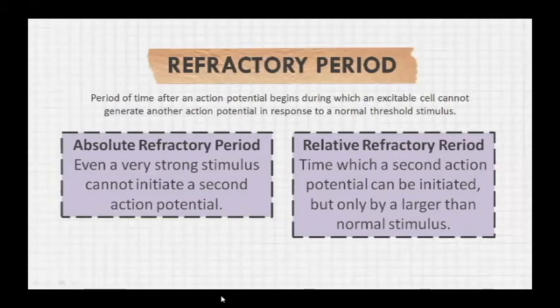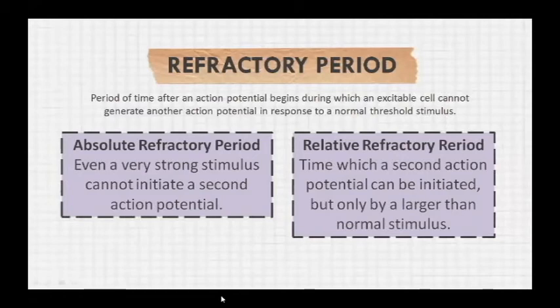So when we say absolute, it means that when you produce an action potential, that's it. You cannot produce another action potential because you are in the absolute refractory period.